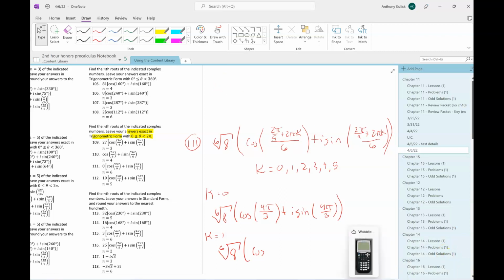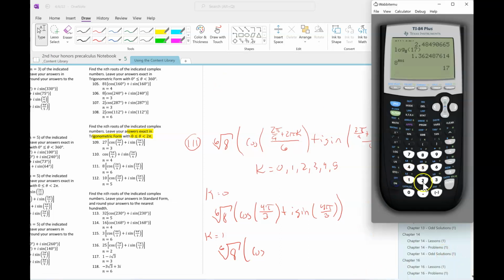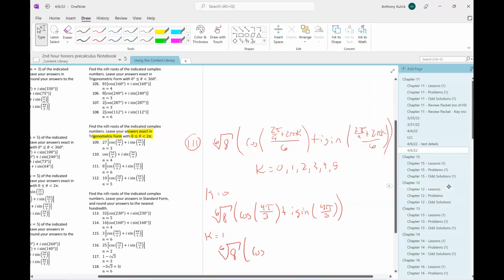Just do it the dumb way. 20 over 9 times 1 over 6. 10 over 27. That's what I thought it was going to be, but I second guessed myself apparently. I sine 10 pi over 27.